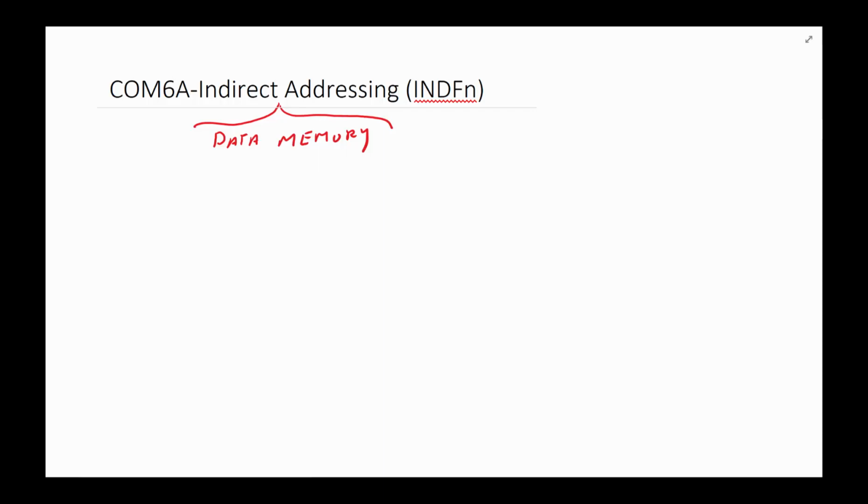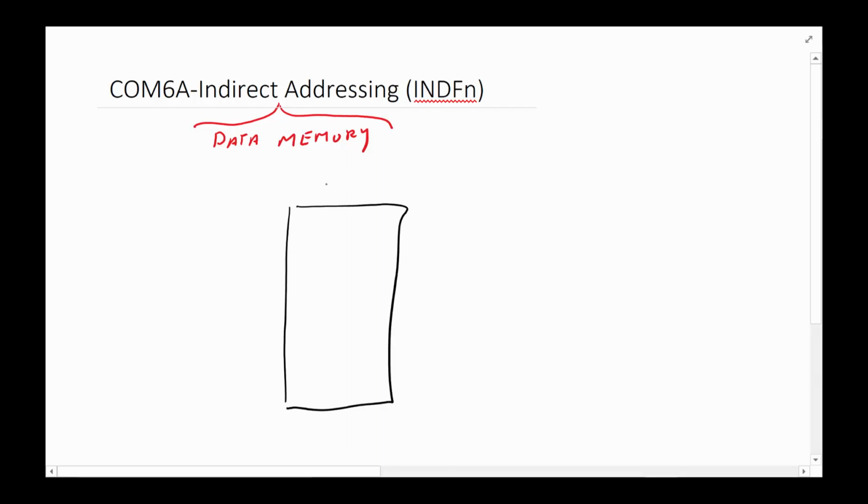Well, if you have a data memory, you may want to put in a register. Usually this is called the base register. In the case of PICmicro, this is referred to as FSR.